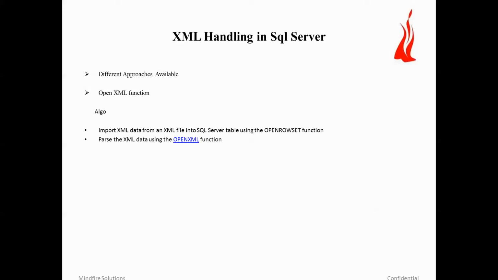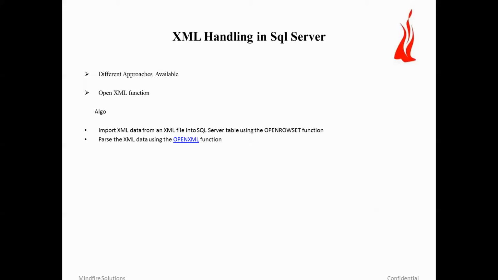So let me quickly go through the algo we'll be following in this video. First we'll be importing XML data from an XML file which we have already created into the SQL Server table, and for that we need an inbuilt function which SQL Server provides us, the OPENROWSET function.